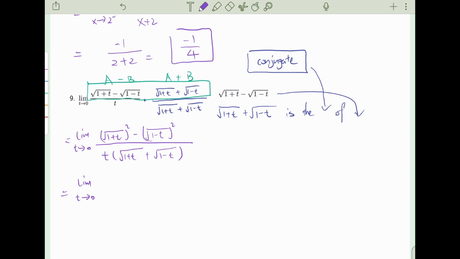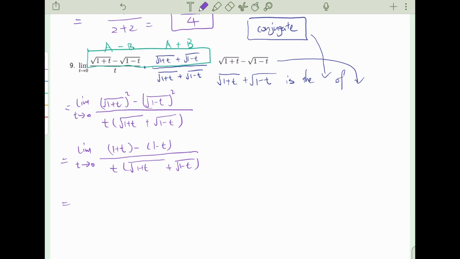So it becomes, cancel the square root, just 1 plus t, 1 minus t. And do the computation. I have now opened the bracket. The 1 gets cancelled, and t minus negative t, that's 2t, right?